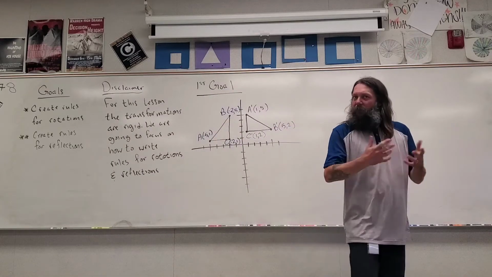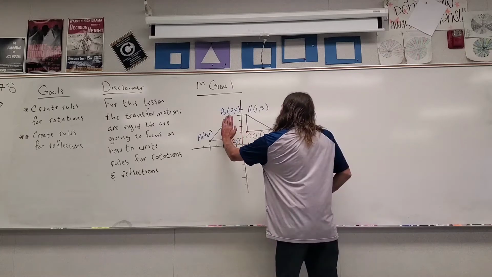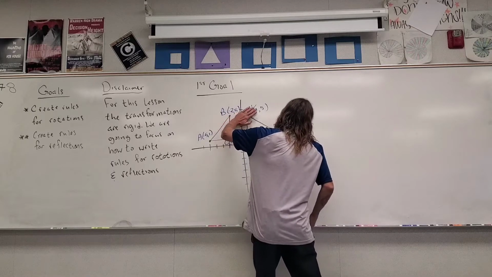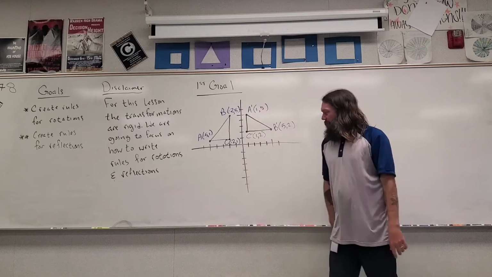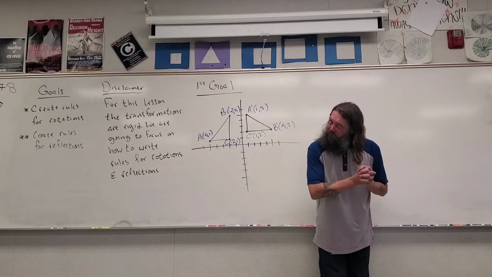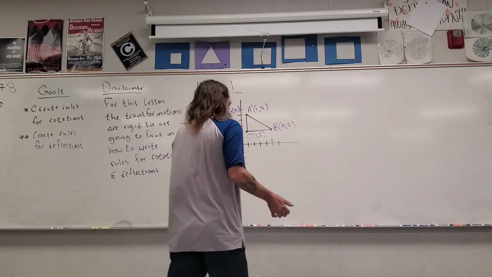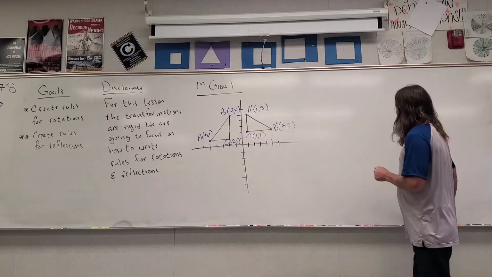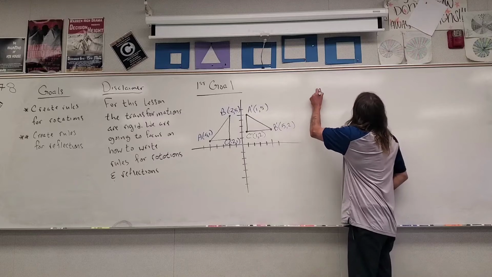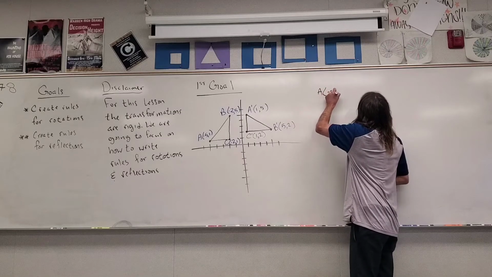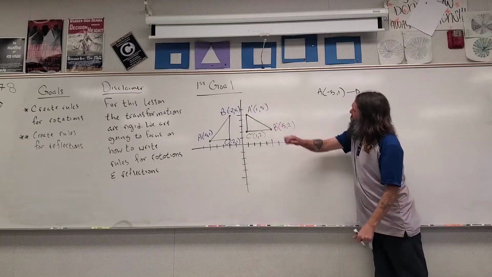And then from there, we'll be able to create our rule that represents a rotation of taking this triangle and rotating it actually 90 degrees about the origin. All right, but again, I want you to see how we can change signs of numbers in a rule and maybe switch coordinates. Okay, so here we go. So I know that A at -5, 1 maps to A prime at 1, 5.